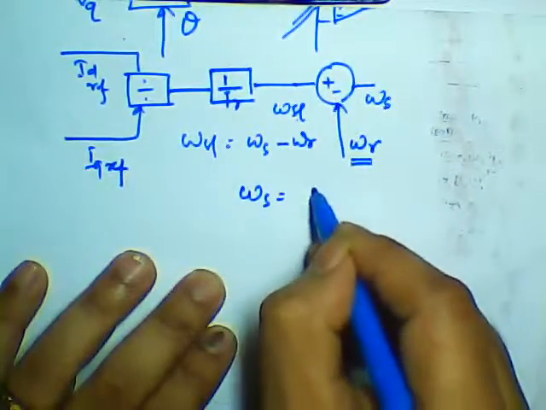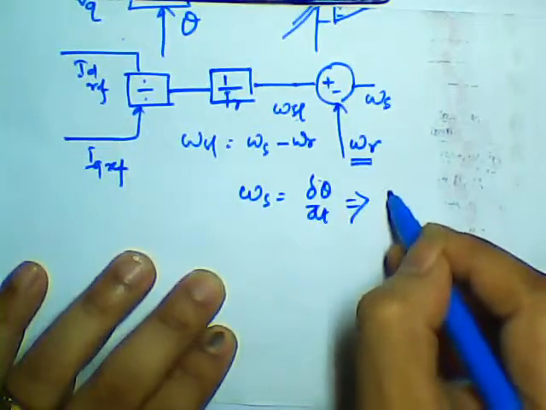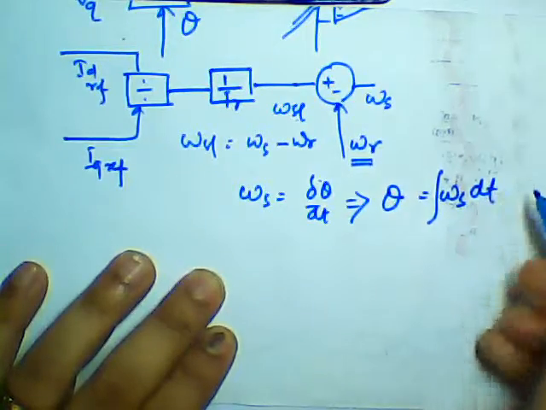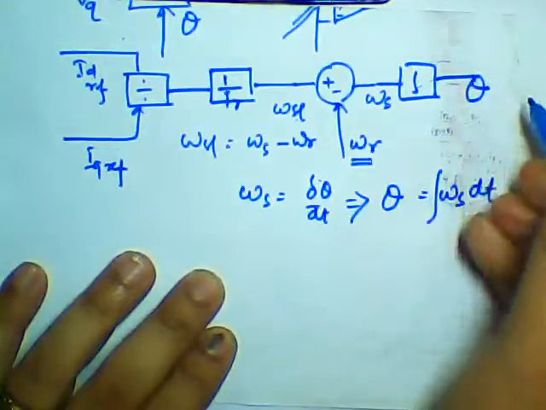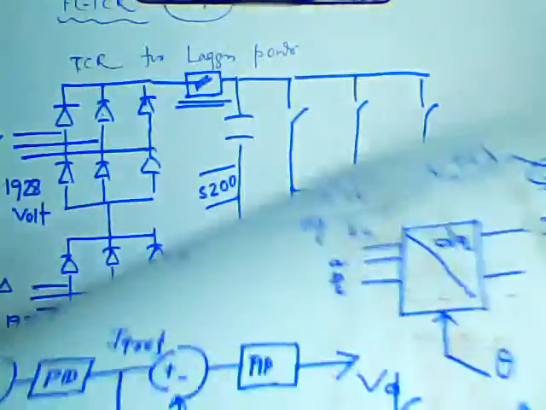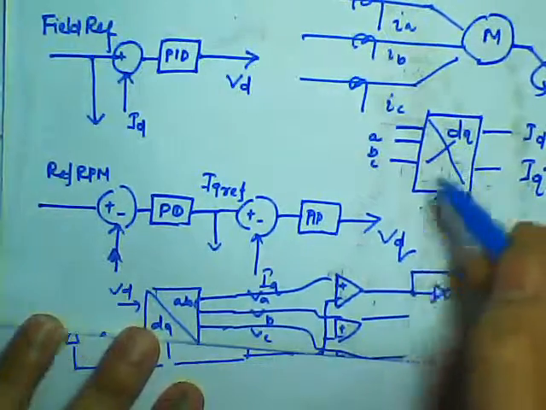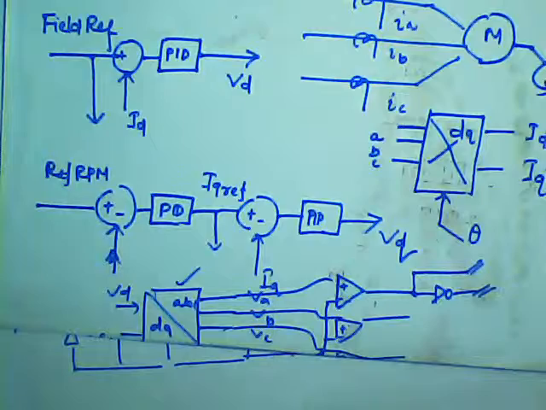Basically your omega s is equal to d theta by dt, so theta is equal to the integral of omega s dt. If you put an integrator here, you will get theta. This theta will be given to this block as well as this block. So my control is completed, and this is the overall control topology of the system.